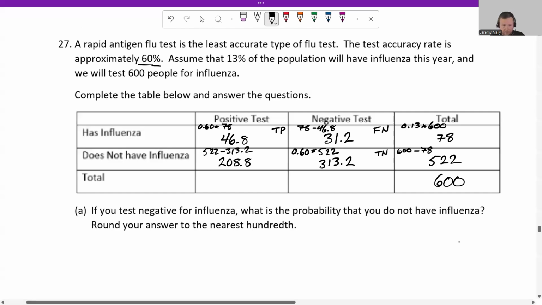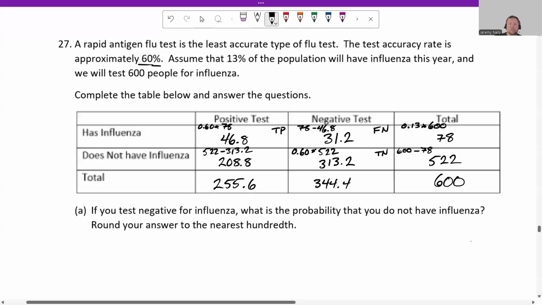And then just add those columns up to complete the table. So I have 255.6 and 344.4. And those should add up to 600.